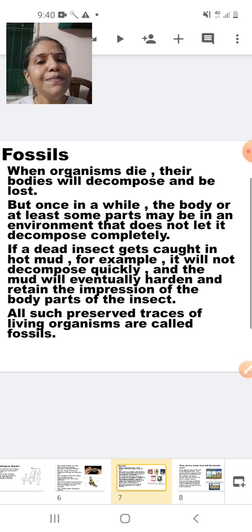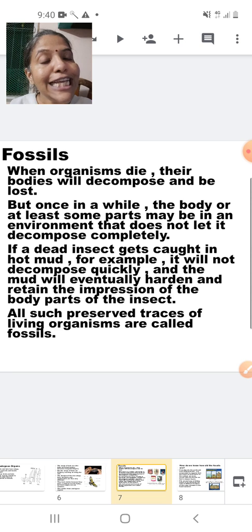When organisms die, their bodies will decompose and be lost. But once in a while, the body, or at least some part, may be in an environment that does not let it decompose completely. If a dead insect gets caught in hot mud, for example, it will not decompose quickly, and the mud will eventually harden and retain the impression of the body parts of the insect.